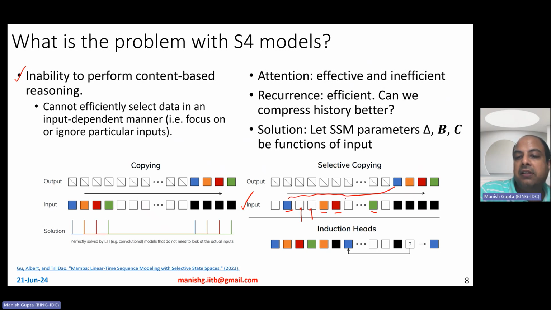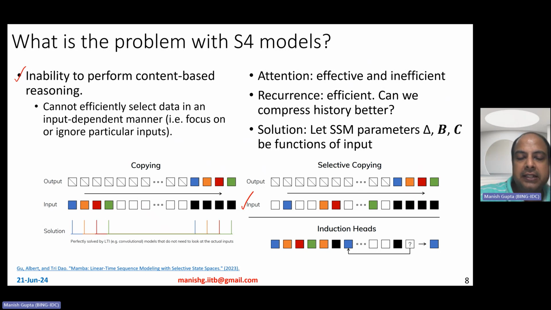Basically, you selectively copy certain blocks depending on the current input. For example, if you are doing speech to text and there are ahs and ums, you want to ignore all of those random speech interjections. Selective copying is exactly that, and it cannot be done using standard S4 models because they don't have parameters which are time dependent, which are dependent on the current inputs.